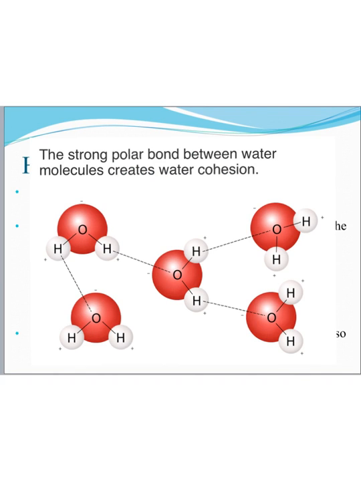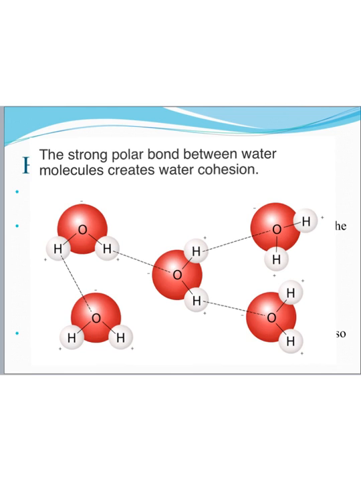After taking some time to look at the structure of water and discussing polarity within the molecule, again, polarity pointing to the fact that all the electrons in this molecule are hanging out closer to oxygen than hydrogen, the oxygen is more partially negative and the hydrogens are more partially positive.